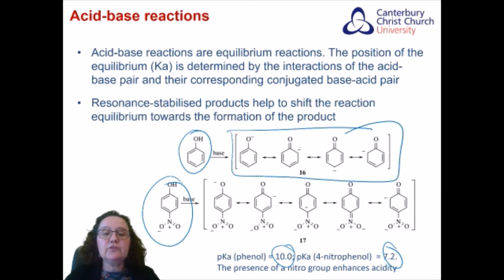But when 4-nitrophenol reacts with a base, then you have additional resonant forms, because the nitro group also participates in those structures. So then the nitro group helps stabilize the product and shifts the reaction towards the formation of that product.